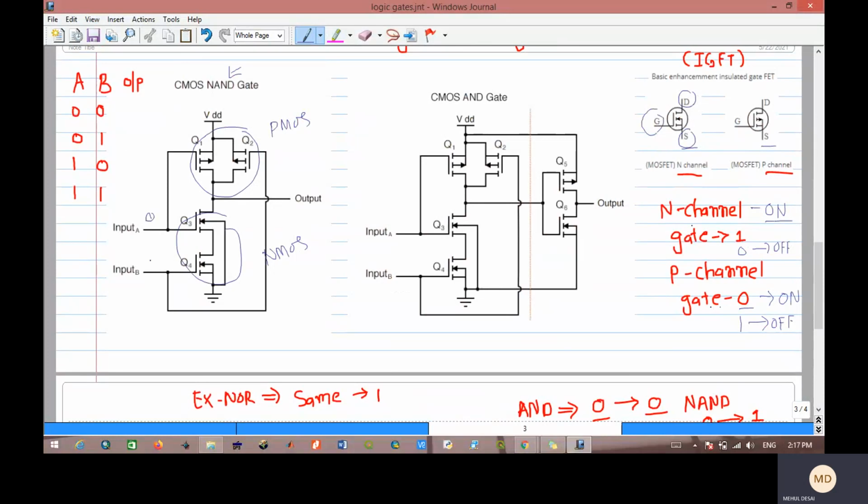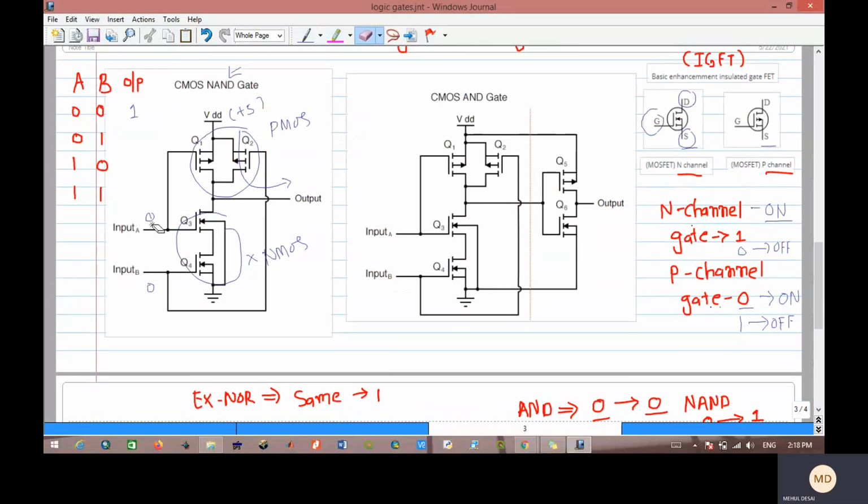Both NMOS will not be on, so these 2 NMOS are off. But at the same time, both PMOS are on. So we get the output voltage as VDD. VDD is nothing but 1. So this is the first condition when we get the output 1.